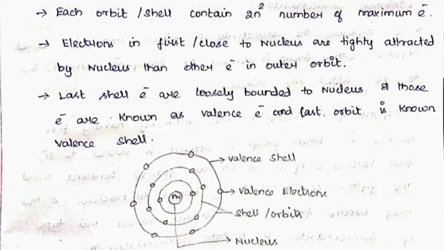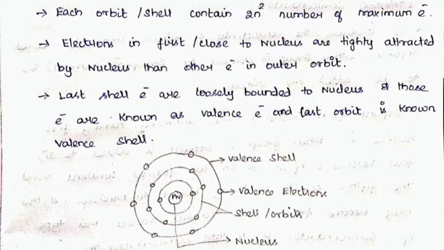The electrons in the first or closest orbit to the nucleus are tightly bound to the nucleus when compared to the electrons present in the other orbits or shells which are far from the nucleus. The electrons in the first shell and second shell are tightly attracted by the nucleus when compared to the electrons present in the fourth, fifth and sixth shell.